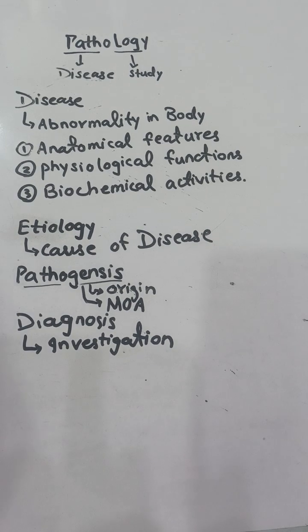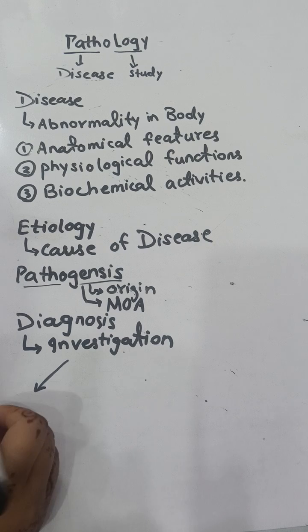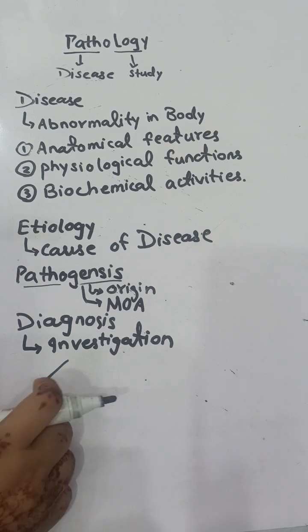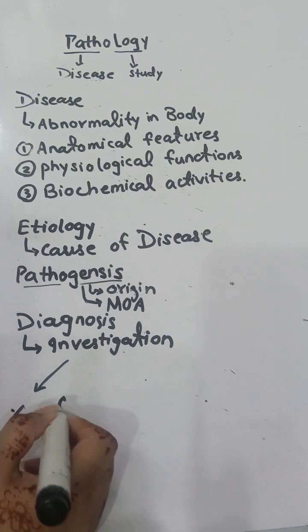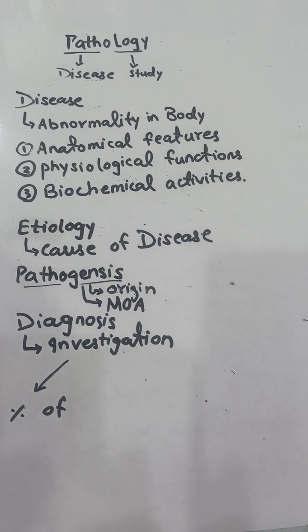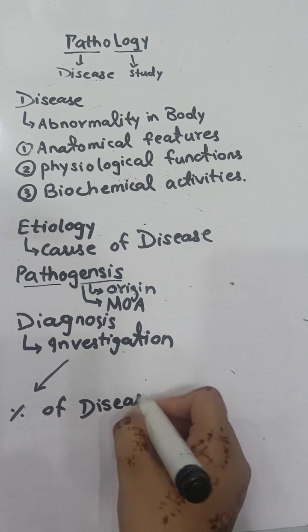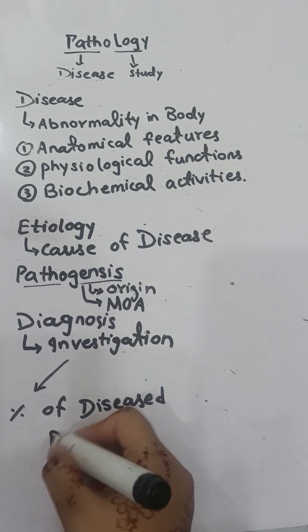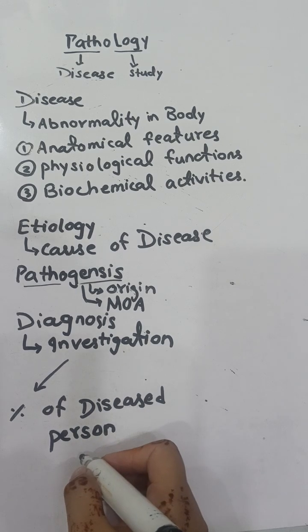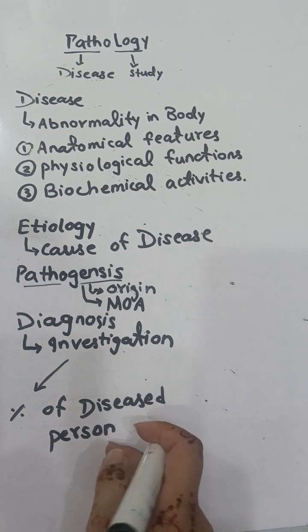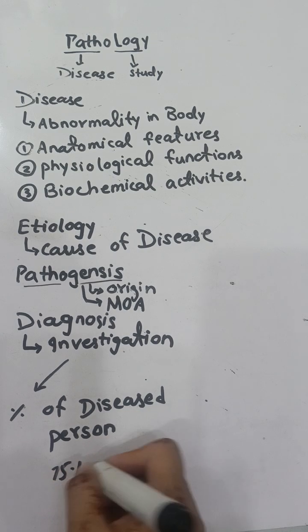The first thing that we diagnose in a person is the percentage of diseased persons, the persons who are suffering from a particular disease. Like if I say that the percentage of diseased persons suffering from corona is 75%.